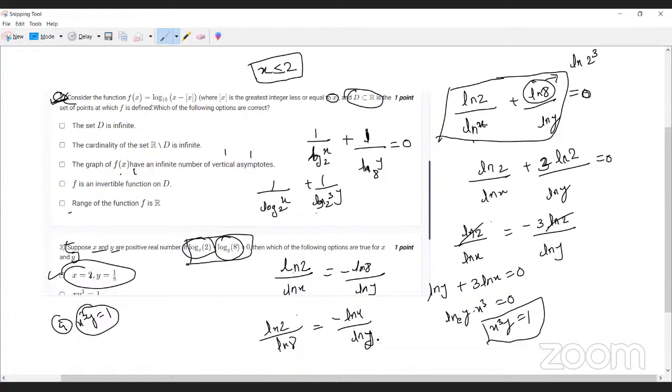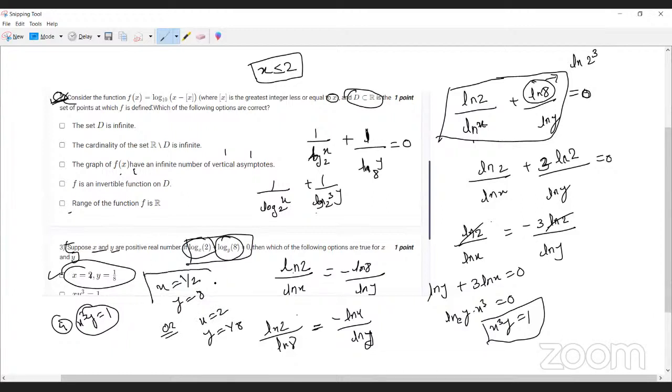Either x will be 1 by 2 or y will be 8, or x will be 2 and y will be 1 by 8.